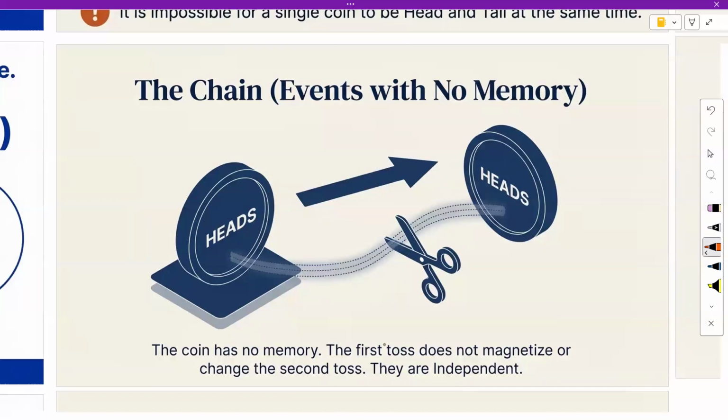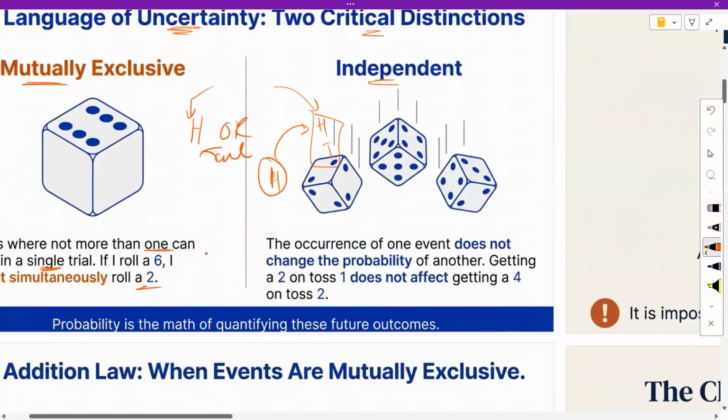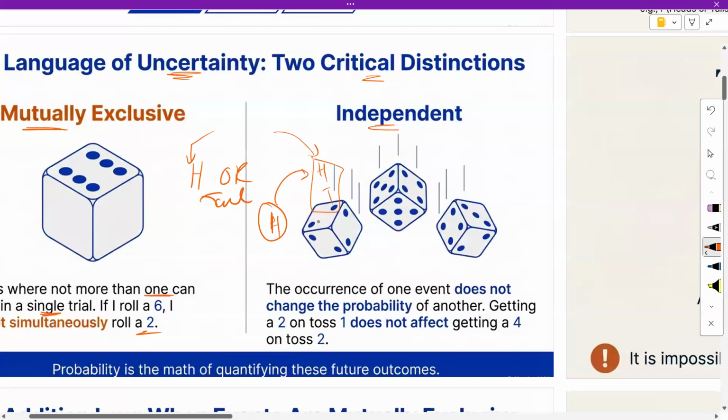They are independent. The first toss, you got head. Does it impact the second toss outcome? No. Likewise, when you throw a 6-face die, the first time you got 2. The second time you throw your die, the outcome may be any value out of those 6 outcomes.